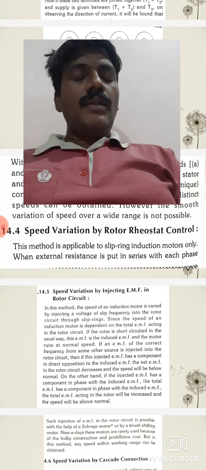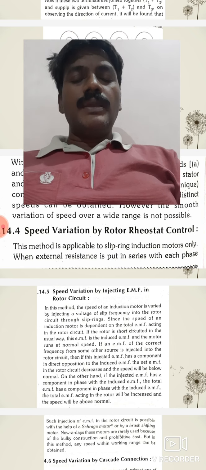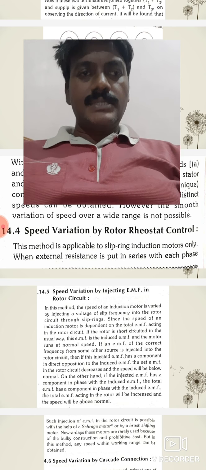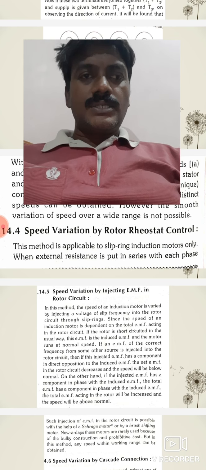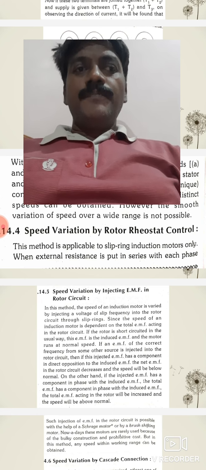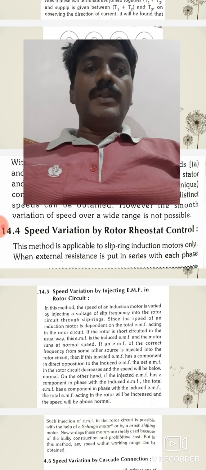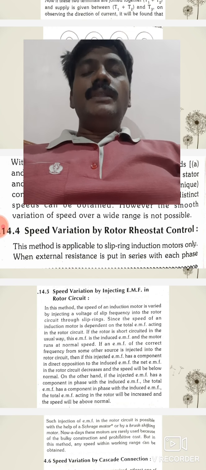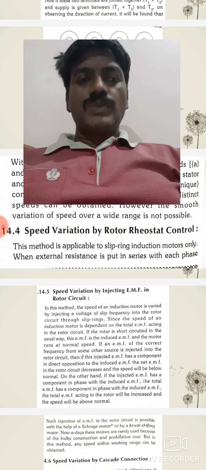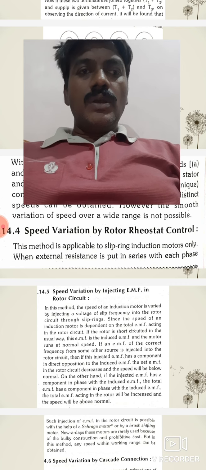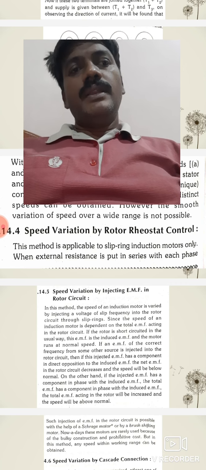By using this method, losses increase. When losses increase, automatically efficiency decreases. So suppose we need speed variation only for a short duration. In that case, we will use the rheostat control method for slip ring induction motor.